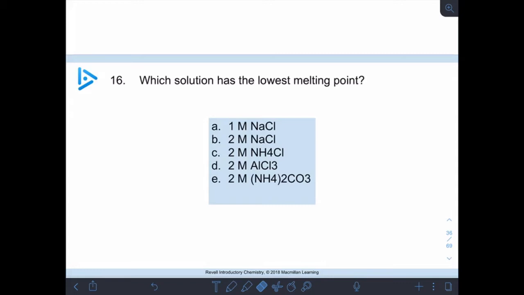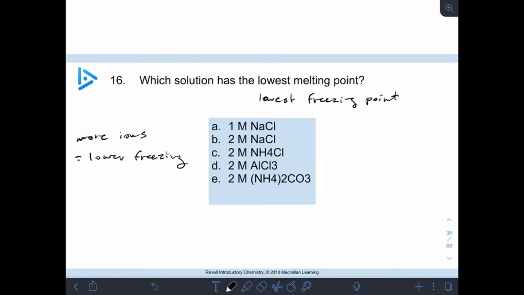So the lowest melting point would be the same thing as the lowest freezing point. And remember, more ions equals lower freezing, because freezing point depression is the colligative property.